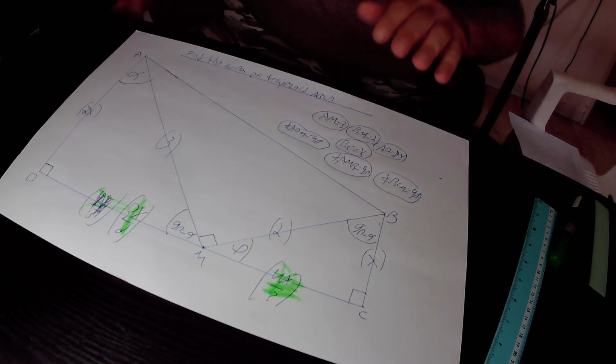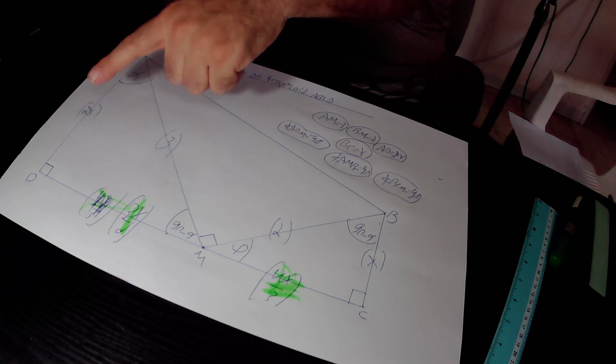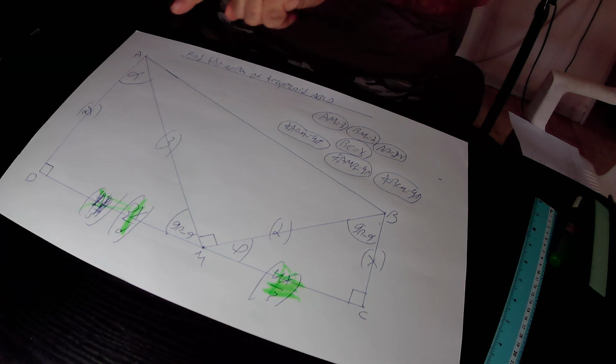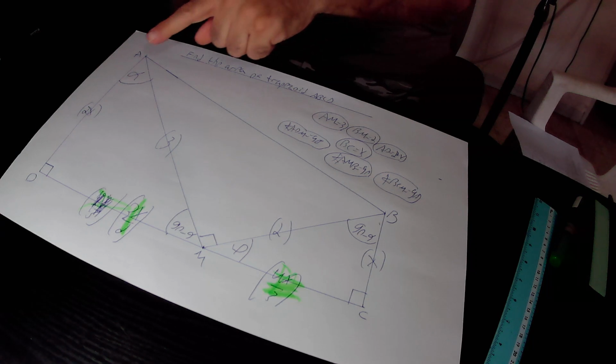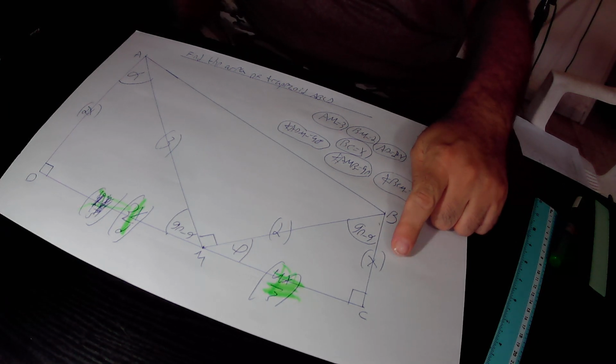So, in the drawing we have trapezoid ABCD. In addition, we know that side AD of trapezoid ABCD equals 2x units in length. Side BC equals x units in length.